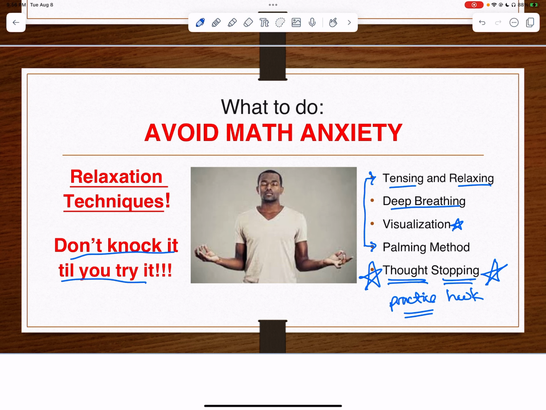I guess you could smack yourself if you don't do it really hard. But honestly, that is the thought stopping for you math anxiety people, and you know who you are, that talk to yourself and have negative thoughts during those tests. You have to practice it because it does not come naturally.